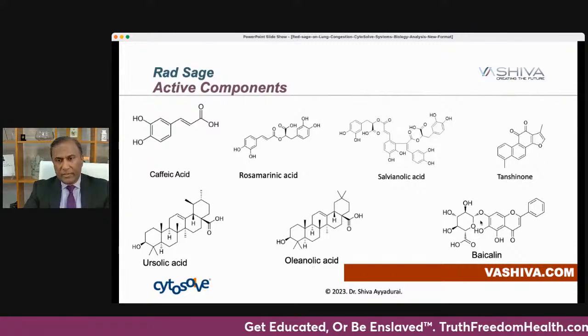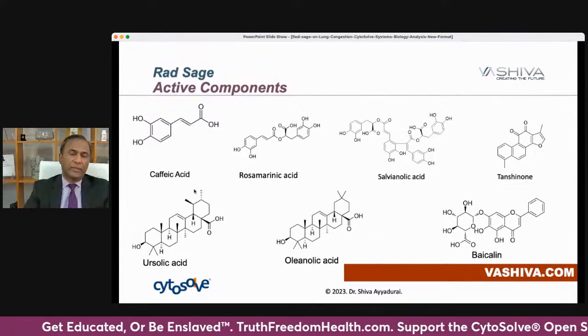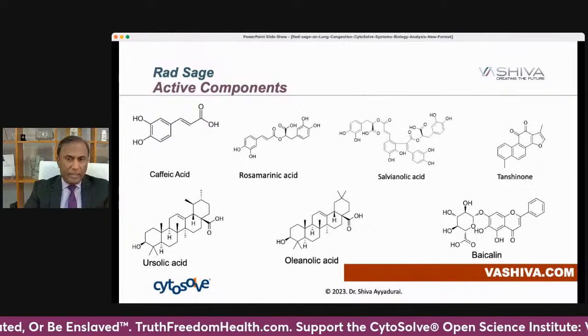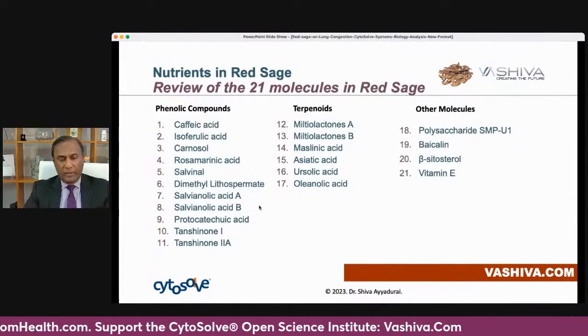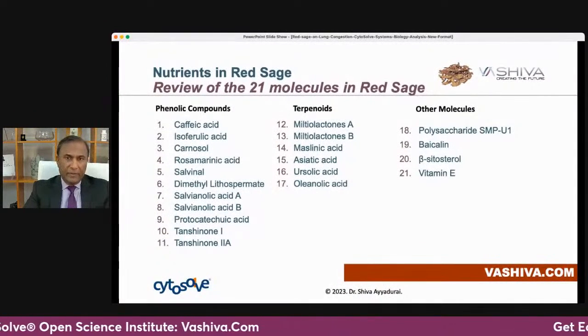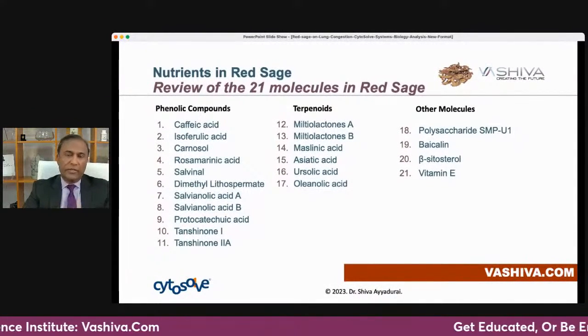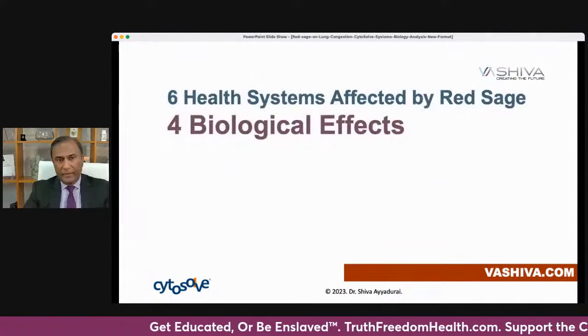You can see these are all very cool structures, and the structures of these molecules determine how they get activated in your body. So in summary, there are 21 molecules in red sage that CytoSolve was able to uncover from looking at all that literature that have a lot of evidence-based research on them.